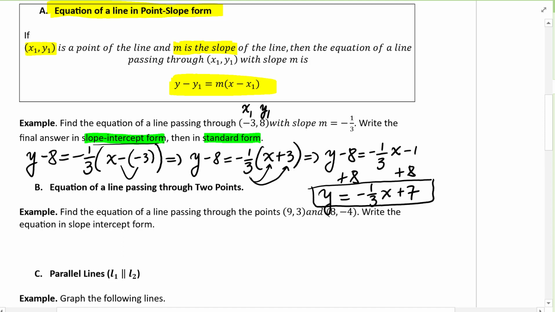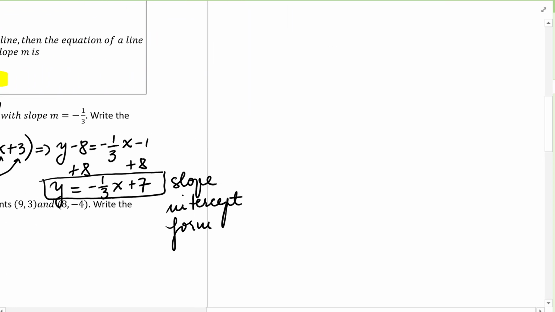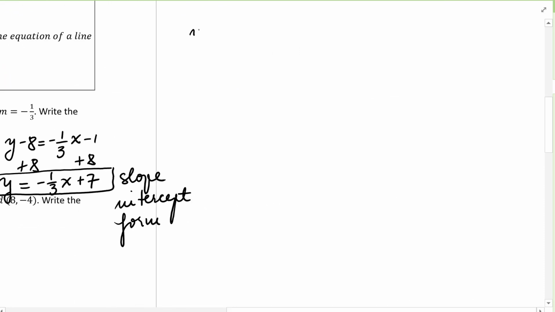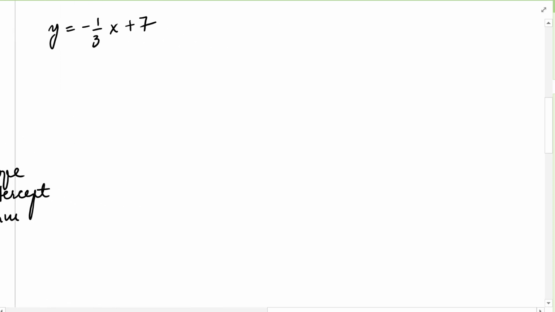They also want us to write it in standard form. So let me write this in slope-intercept form. And so let's talk about the same equation in standard form. So we got y equals negative 1 over 3x plus 7, and we want to go from slope-intercept form into standard form.